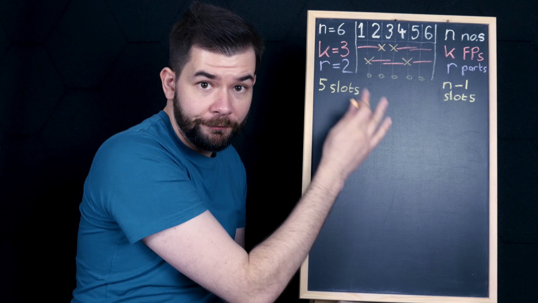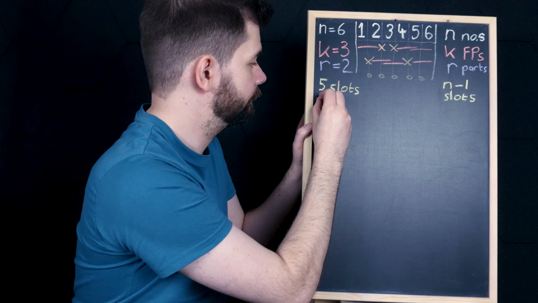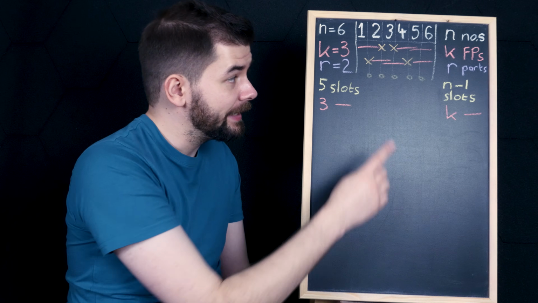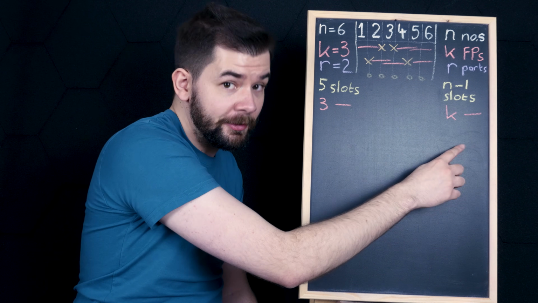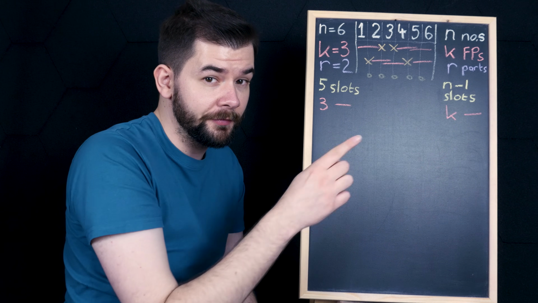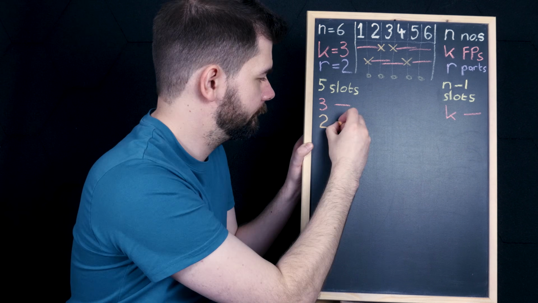Since I want 3 forbidden pairs, that means I want 3 dashes, or in general, k dashes. Since I'm filling the rest of the slots up with crosses, that means I necessarily have to place down 2 crosses. Or in general, the number of slots subtract the number of dashes equals the number of crosses. So in general, n minus 1 minus k crosses.